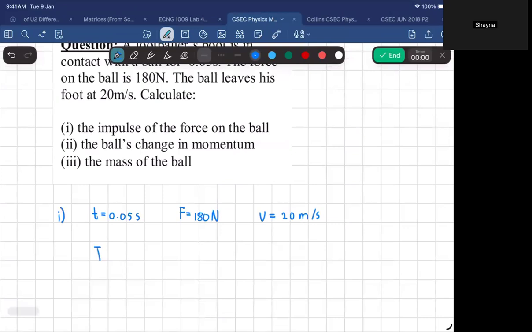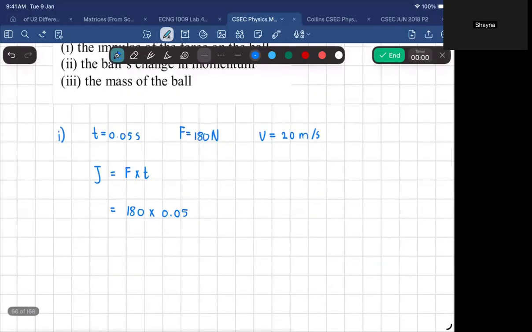Impulse, J, is equal to F by T. So it's going to be F, which is 180, by time, which is 0.05. And you should get 9.